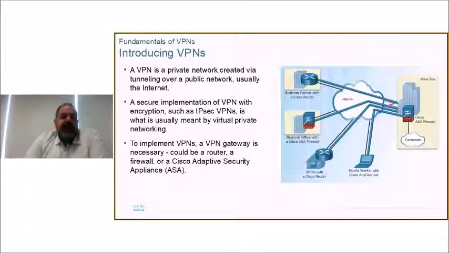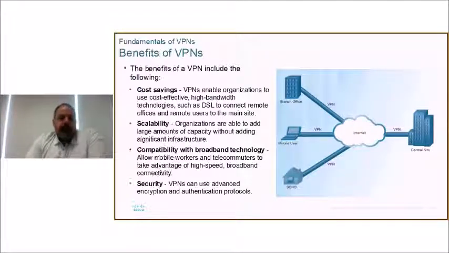So basically, a secure implementation of VPN with encryption such as IPsec VPNs is what is usually meant by virtual private networking. To implement VPNs, a VPN gateway is necessary. It could be a router, a firewall, or an ASA, which is just a Cisco firewall. And so the benefits include cost savings.